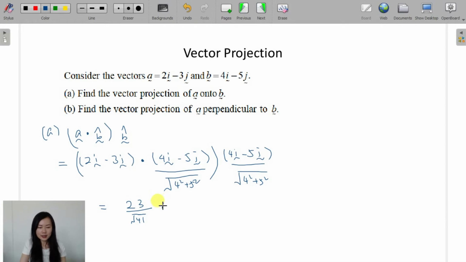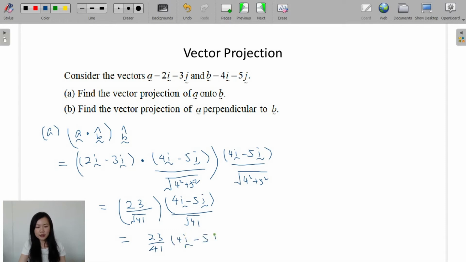And then this one here is 4i minus 5j, and that would be root 41 also. So that's 23 on 41. You can see, unlike the previous question, which was just a number because it's a scalar projection, this time it's in vector form. It's actually got a direction attached to it.